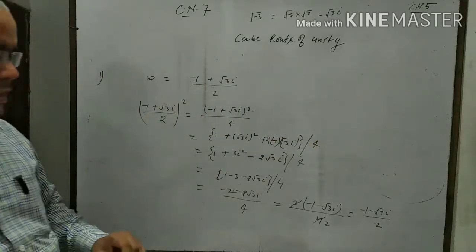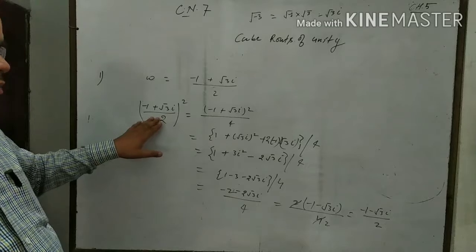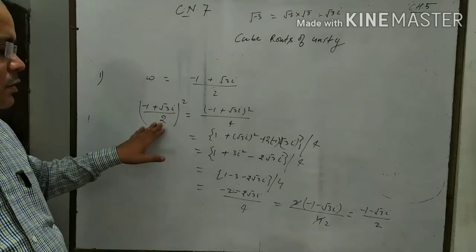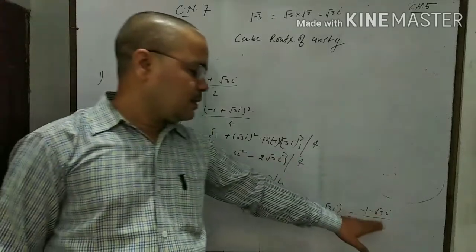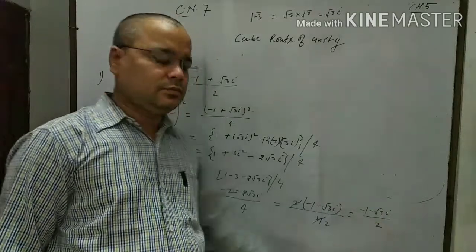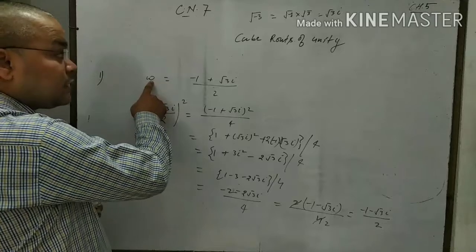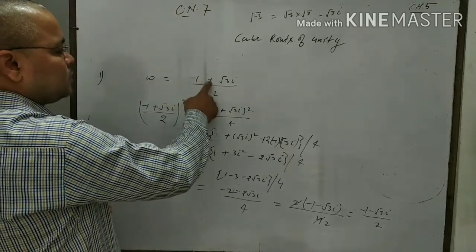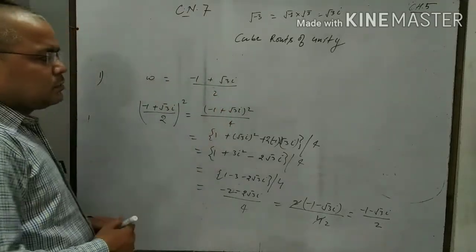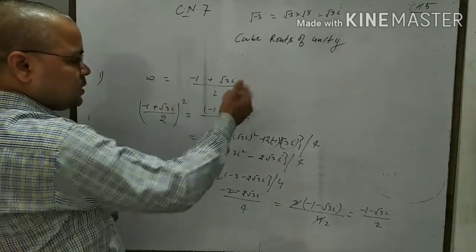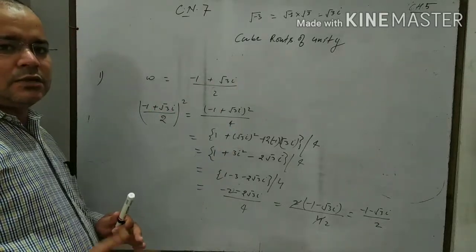Similarly, we can verify that the second root is the square of this root. Here omega is equal to -1 plus root 3i by 2. If we square this, then we find the next root.